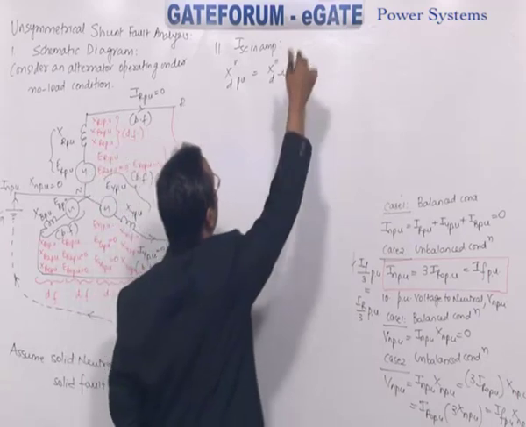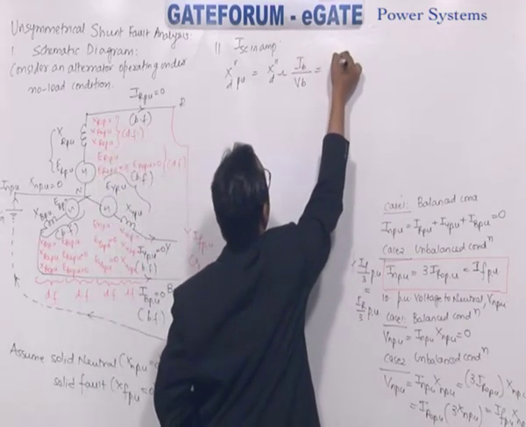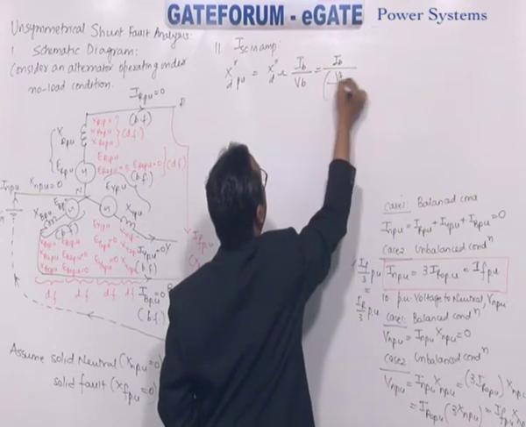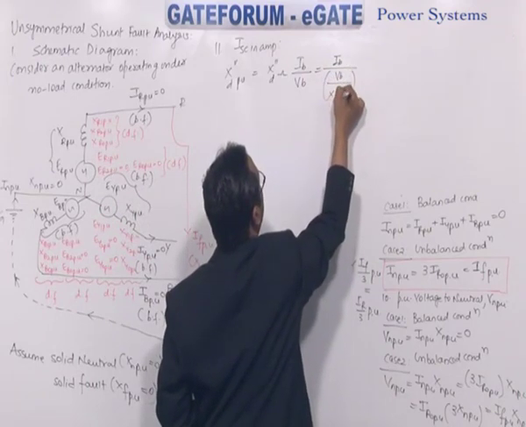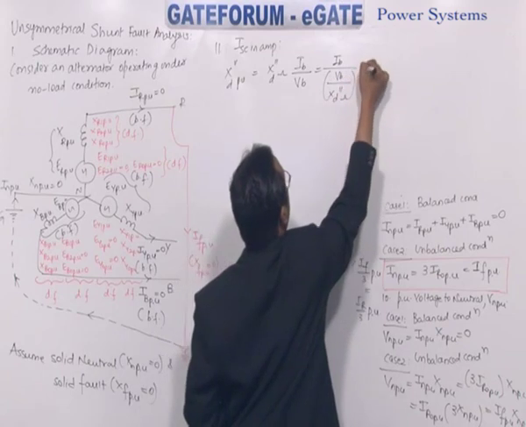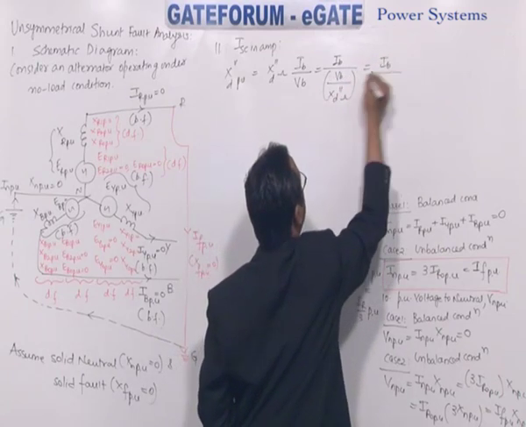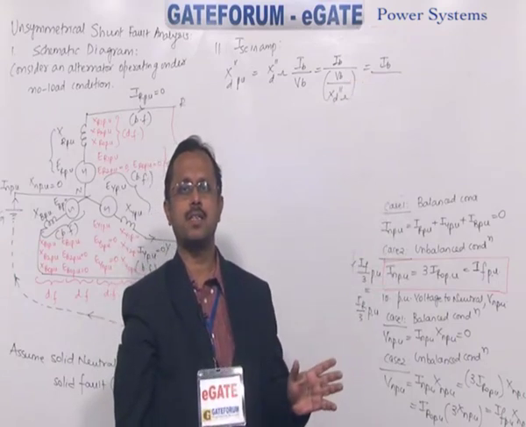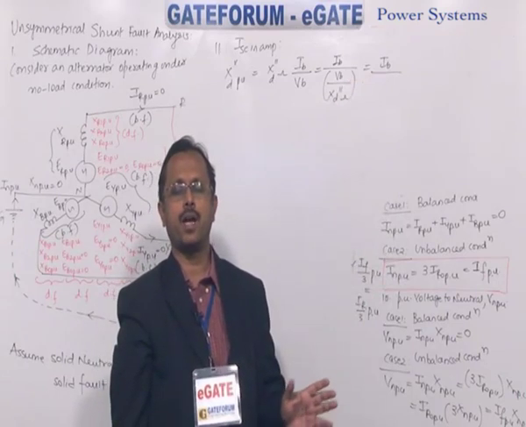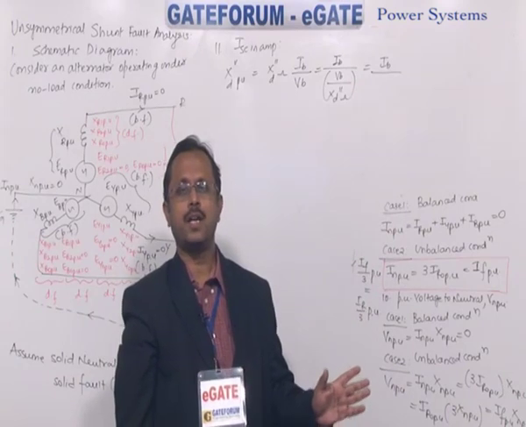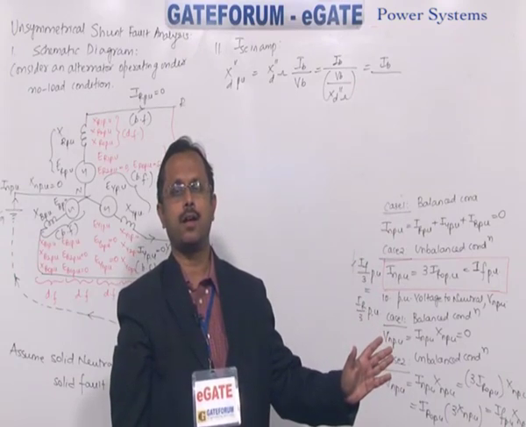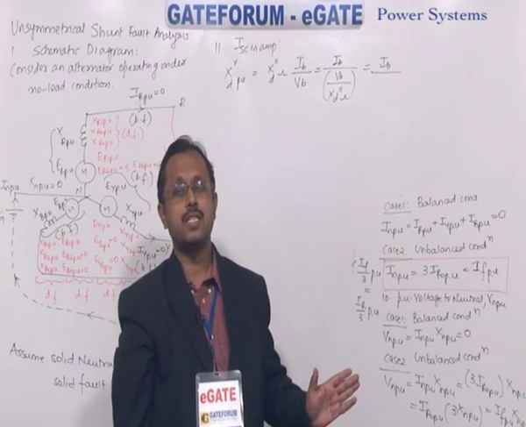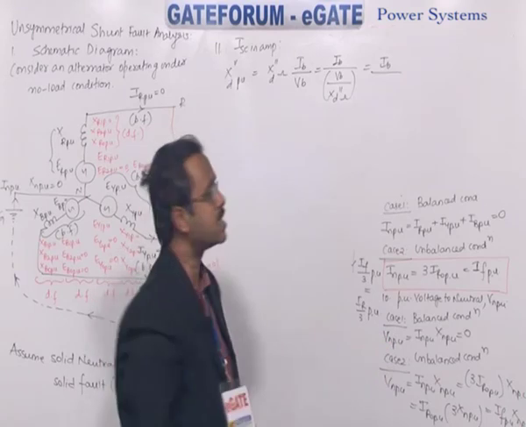From this, IB by VB by XD double dash in ohms. XD double dash is the reactance offered by the alternator immediately after occurrence of fault. So VB by XD double dash is the short circuit current in amperes.